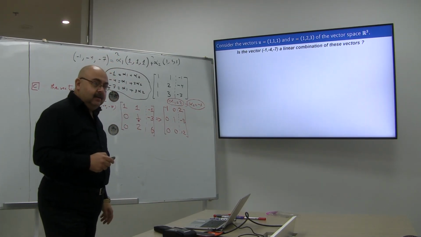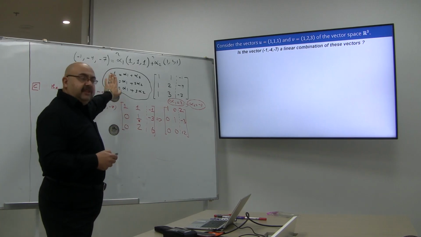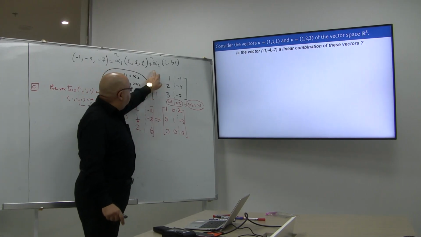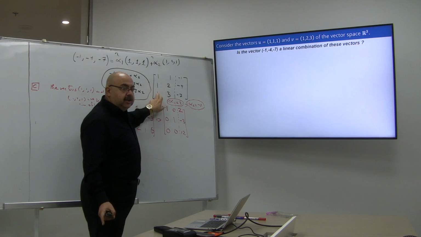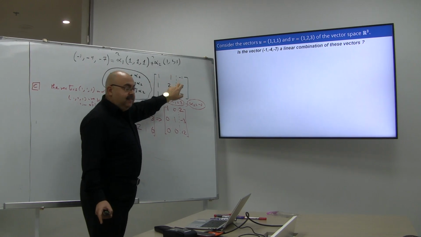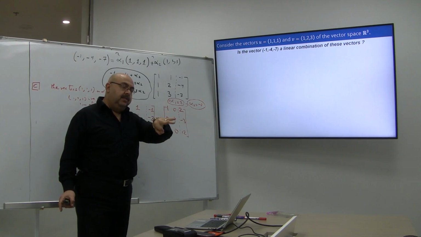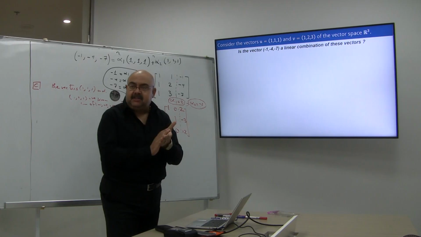Yes, but how am I going to decide if this needs it? Exactly the same. You will solve the system, but instead of three equations and two unknowns, it is going to be three equations and three unknowns. And now the solution will be in how many values? 1, 2, and 3. And now we are away from the vector spaces.